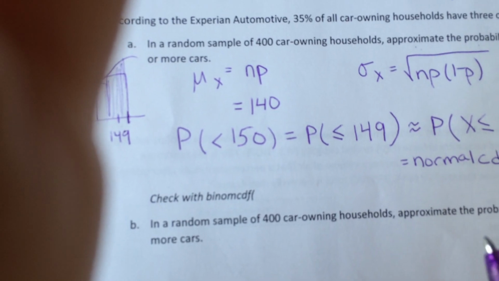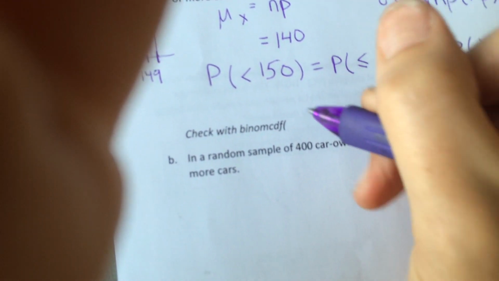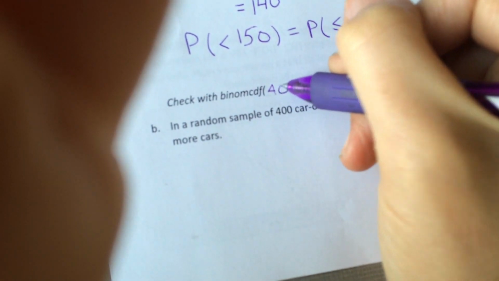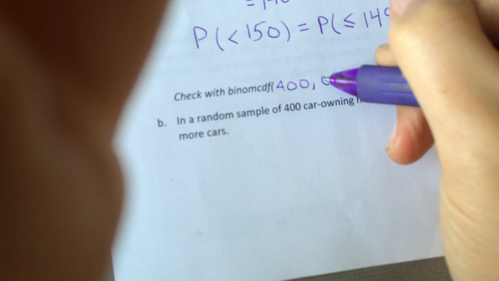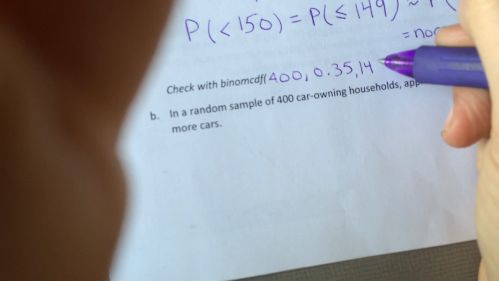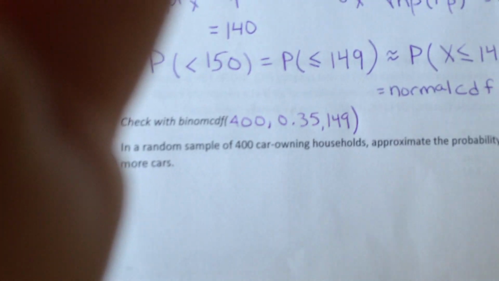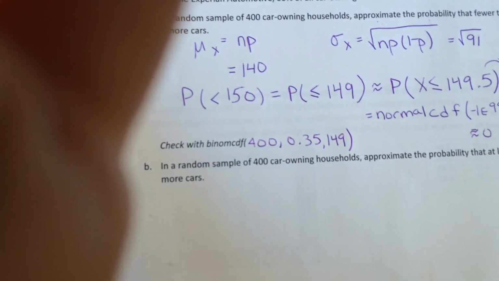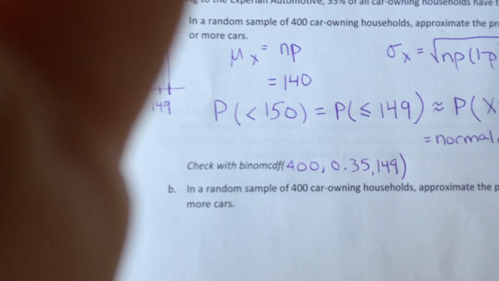Our parameters would be n, p, and less than or equal to 149. Let's see how good our approximation is.